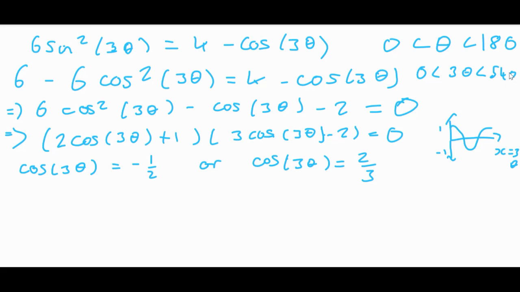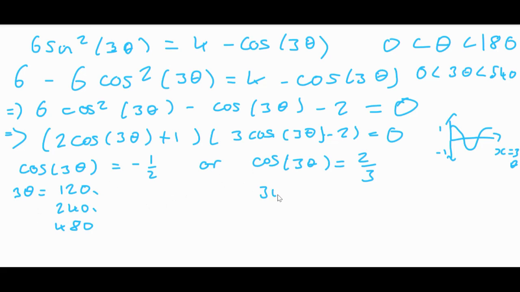So to find all the values of theta that satisfy this equation, we have to find the values of 3 theta that satisfy this equation in the range from 0 to 540. And so that's what we look for. For this equation, it turns out 3 theta is equal to 120, 240 or 480, so either of those three.